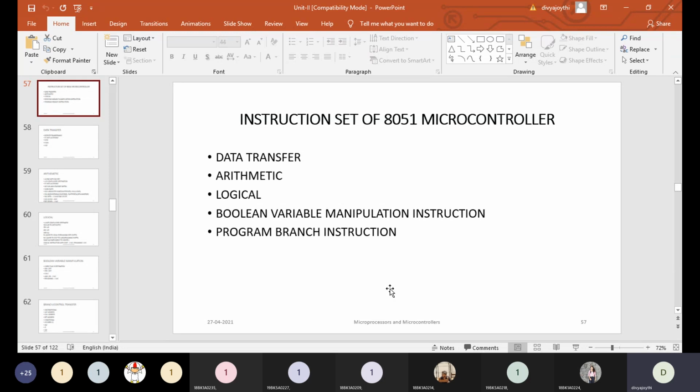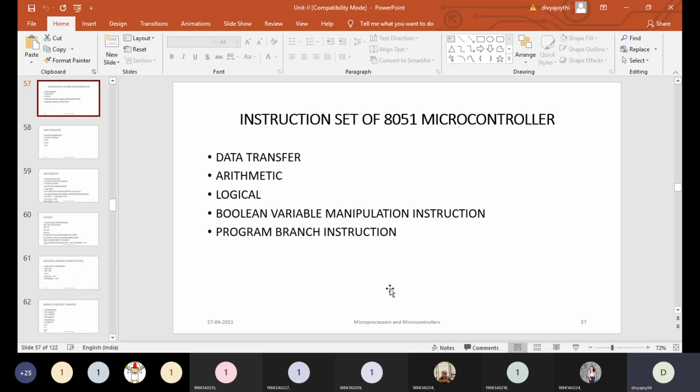But in 8051 microcontroller, based on the type of instruction, few registers should not be used and few registers should be the destination registers only. So like this, there will be many similarities, but a few differences between the instruction set of 8051 microcontroller and the instruction set of 8086 microprocessor.